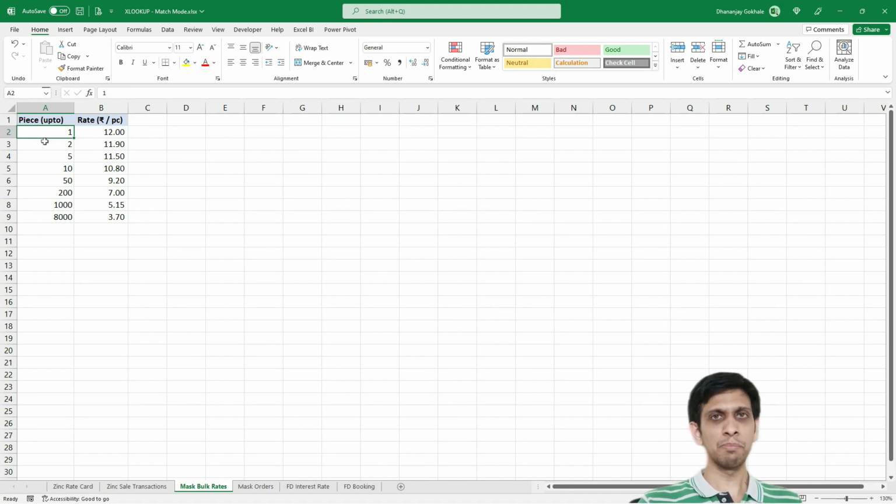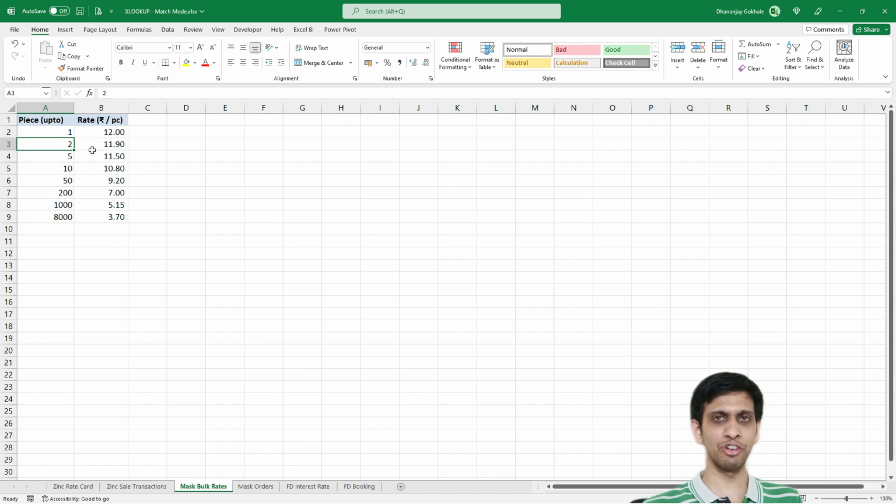Now this example is a bit different. The situation is exactly reverse. Let's say this is a bulk rate for masks. This dealer does retail and bulk selling, so he has different rates. If you go to his shop and ask for one mask, he would charge you 12 rupees per mask.